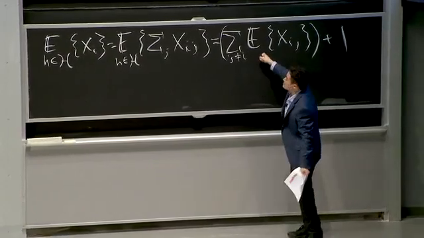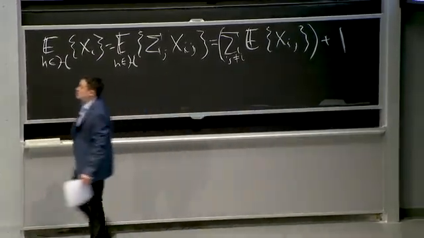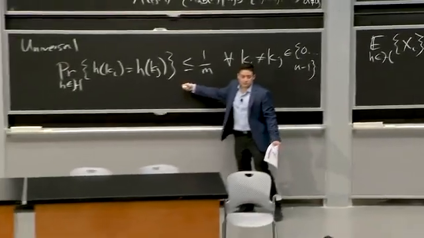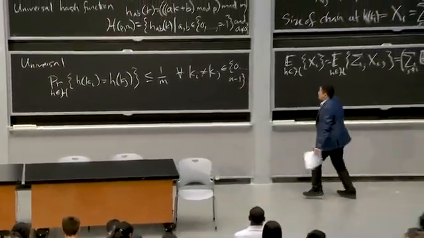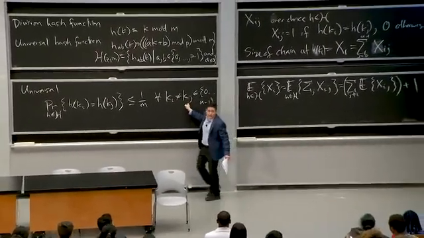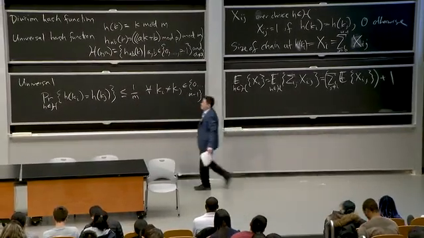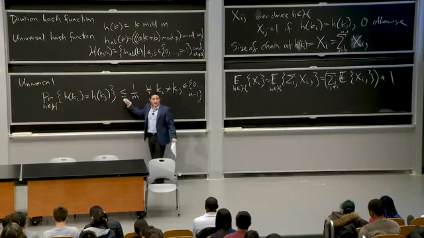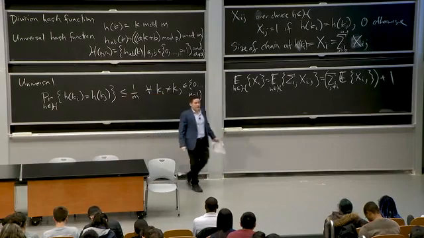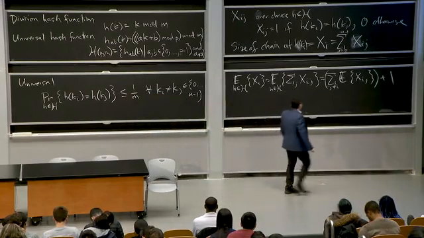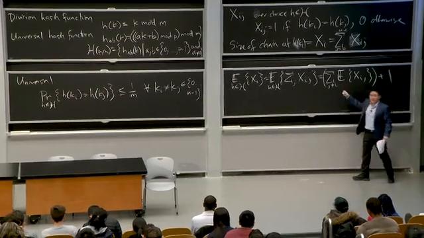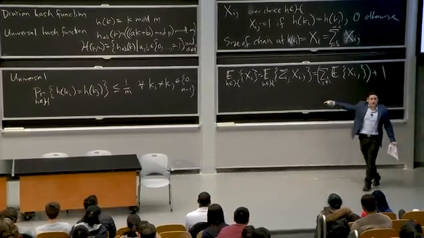But otherwise, we can use this universal property that says if they're not equal and they collide, which is exactly this case, the probability that that happens is 1 over m. And since it's an indicator random variable, the expectation is their outcomes times their probabilities.